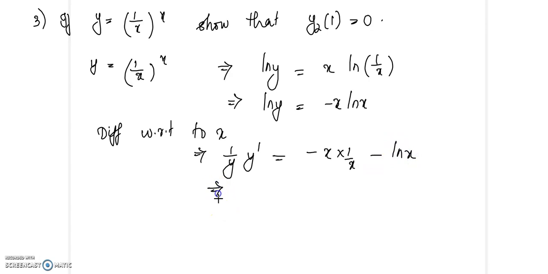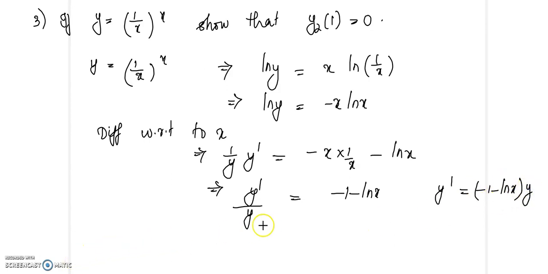So therefore y dash by y is equal to minus 1 minus log x. So for y dash we get minus 1 minus ln x into y. So y dash will be minus of (1 plus ln x) into y.